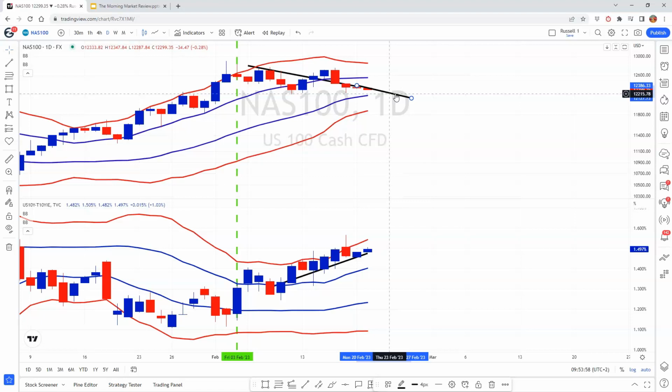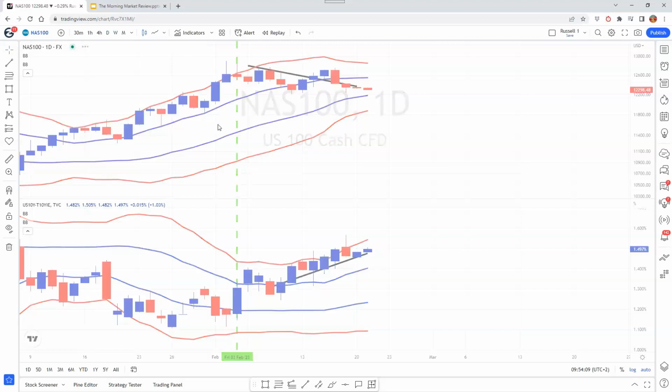Okay, so if I go now and take a look at the weekly chart, I'm going to put everything together in a moment. So just bear with me for one moment. Let's take interest rates out. Let's take the Bollinger Bands out.